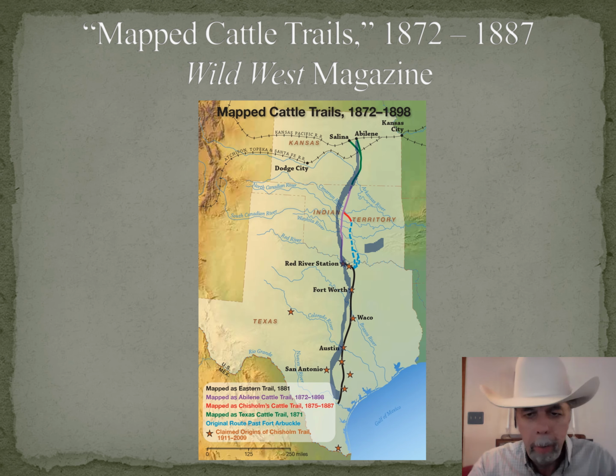The red line between the words Indian and Territory indicates the Chisholm Trail as it was surveyed and mapped during its period of use. By period of use, we're talking about period of use as a cattle trail. So let's clarify that.